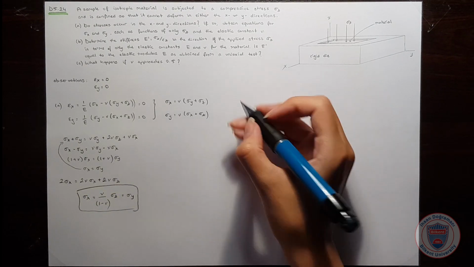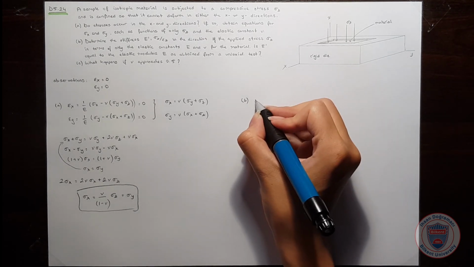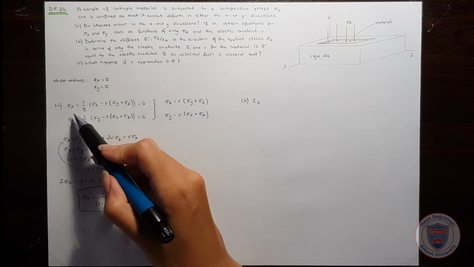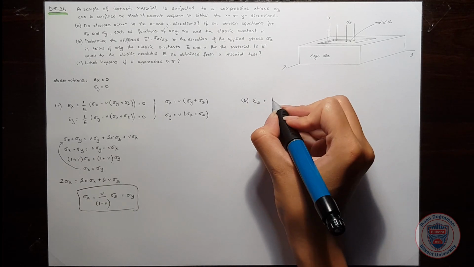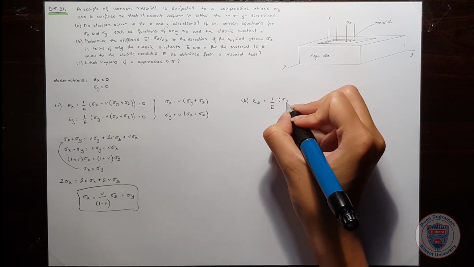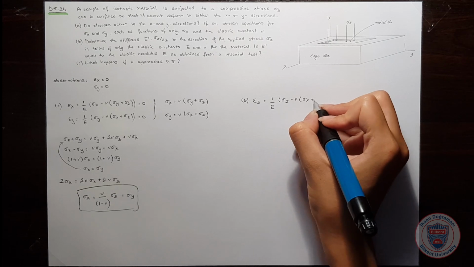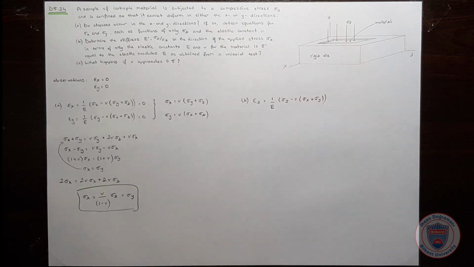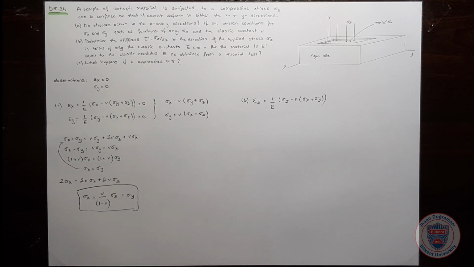Let's move on to part B. We know that similar to epsilon x and y, epsilon z is equal to 1 over E times sigma z minus Poisson's ratio times sigma x plus sigma y. We know sigma x and sigma y are equal, and we know them in terms of sigma z.